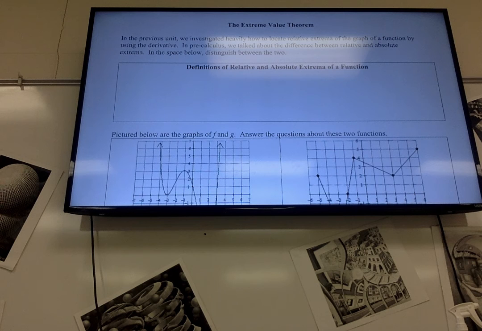But now we're also going to include absolute extrema, which we talked about last year in pre-cal, but I don't know, we may not have gotten to it. So first, we'll just define it.